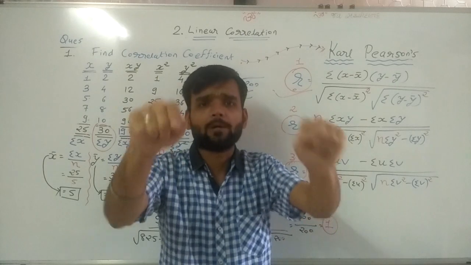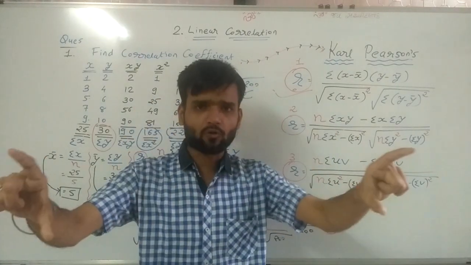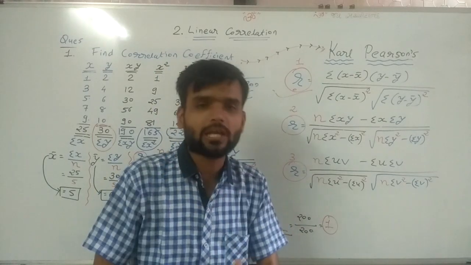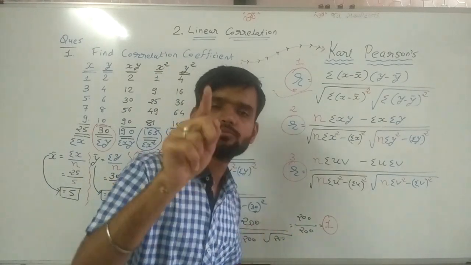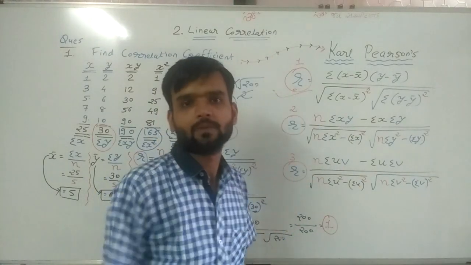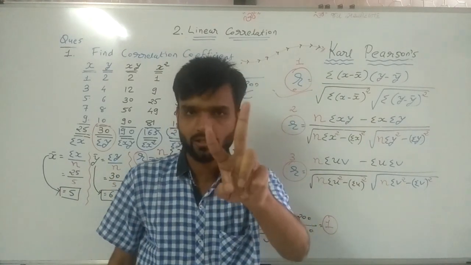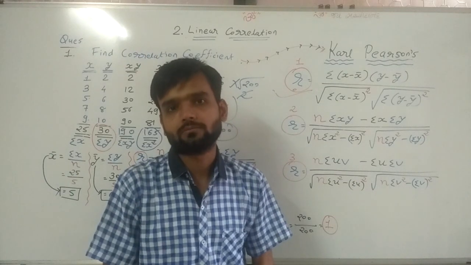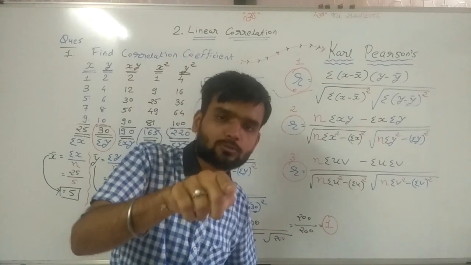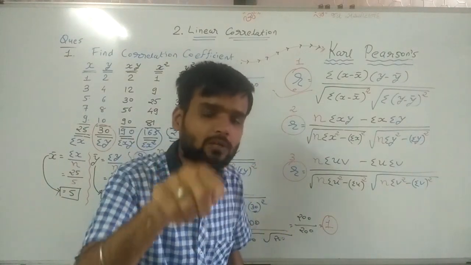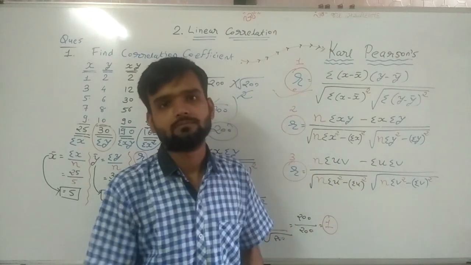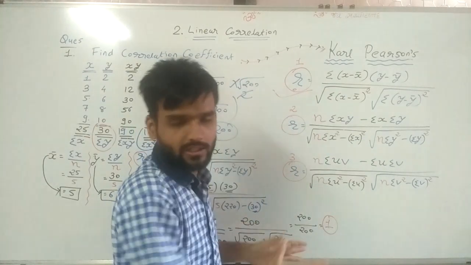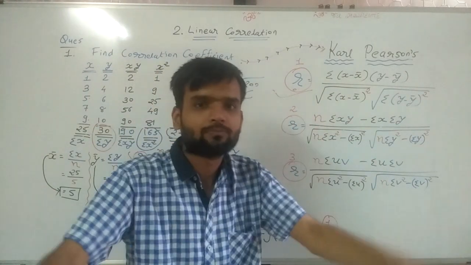Write that formula, and after writing that formula, you can check which columns you need to find, because only 2 columns are given in your question, and the remaining columns you need to find as per the requirement of the formula. So here in the formula, n requirement, sigma xy requirement, all the things I have explained to you.